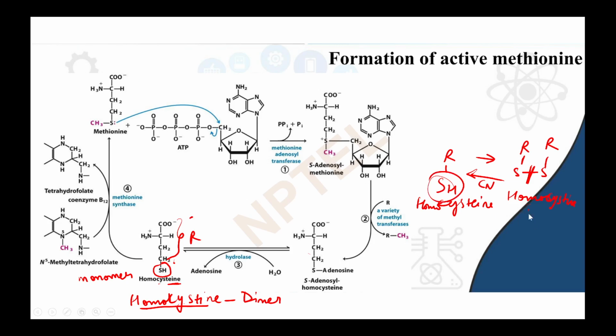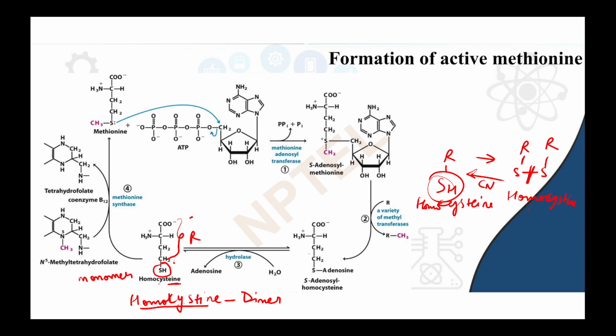So cyanide can reduce the disulfide bond and convert it into the monomeric form with the free sulfhydryl group. And this free sulfhydryl group can react with the nitroprusside to give a red color.